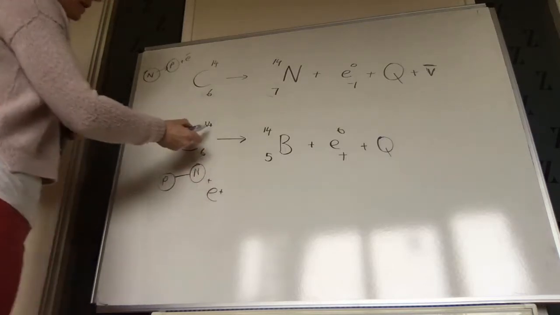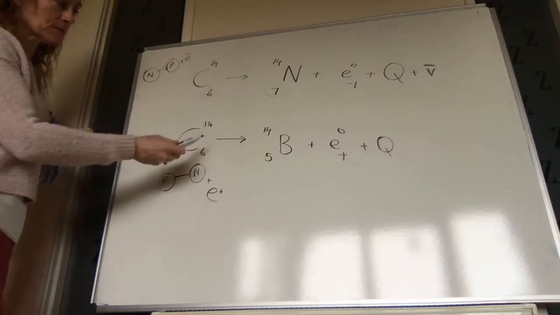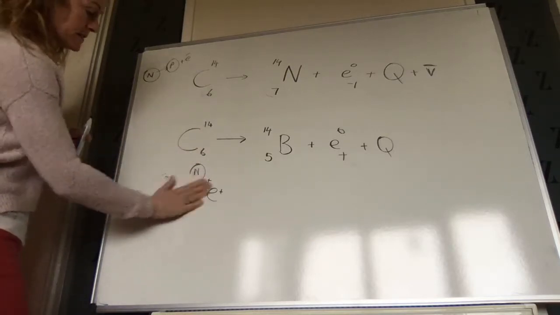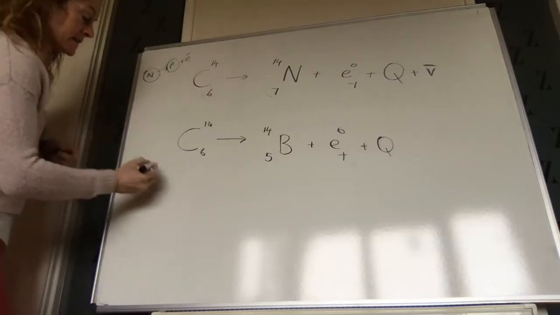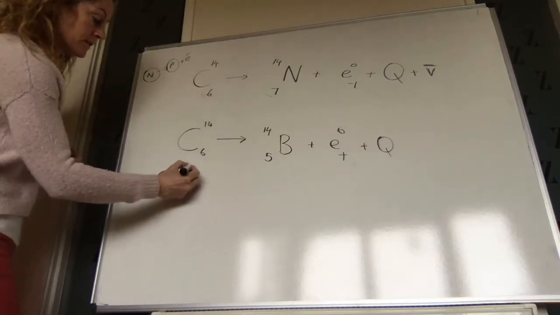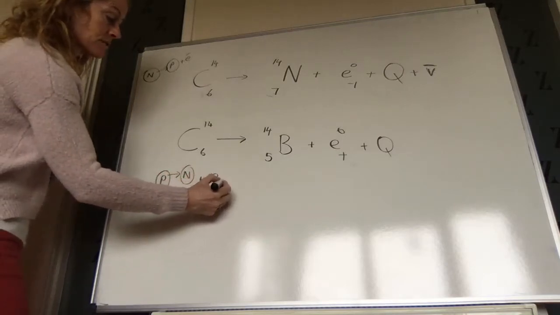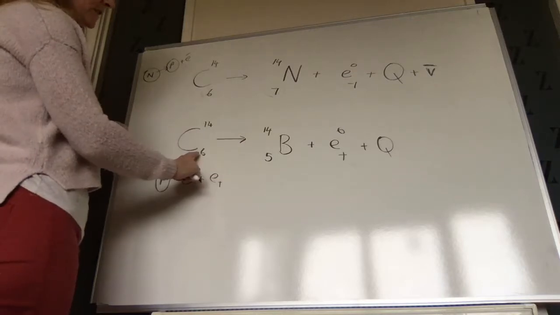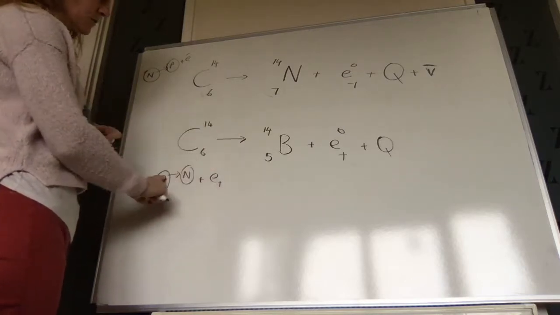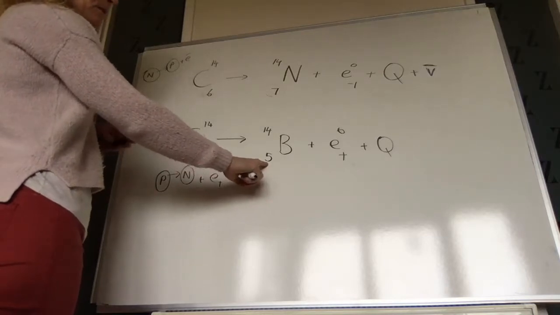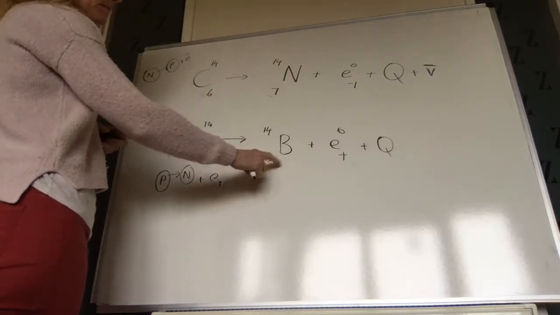Now, just quickly, if we look at beta plus decay, you have carbon-14-6. What happens in beta plus decay is that a proton turns itself into a neutron and a positron. So again, one of its protons is turned into a neutron, so it drops in atomic number by 1, which makes it a new element, boron.